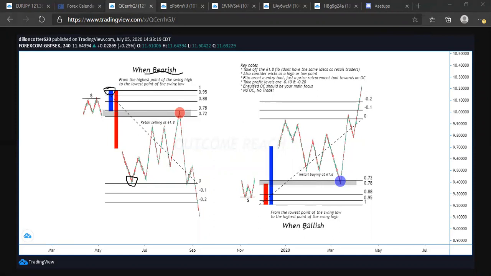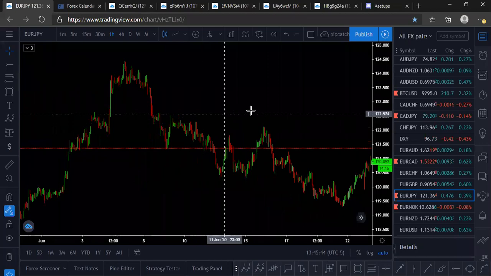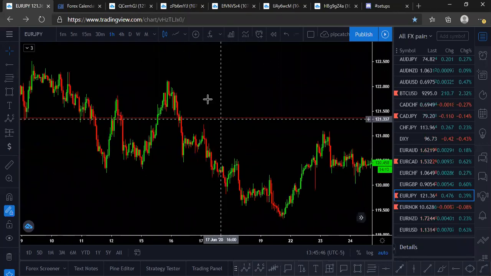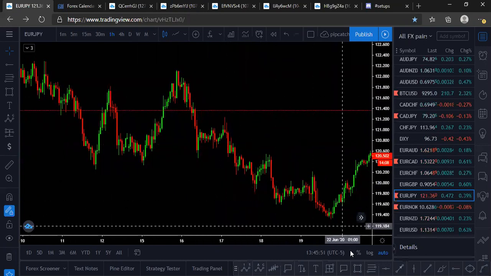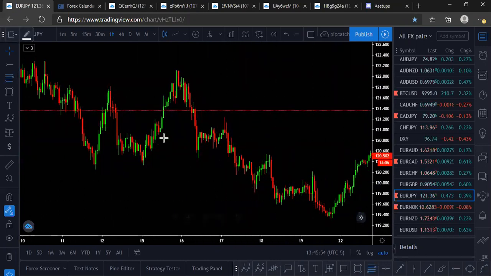And vice versa, when we're looking for a bullish scenario, we'll take our Fibonacci from the lowest point of the swing low to the highest point of the swing. So we can go and show you some examples here on how to place Fibonacci.